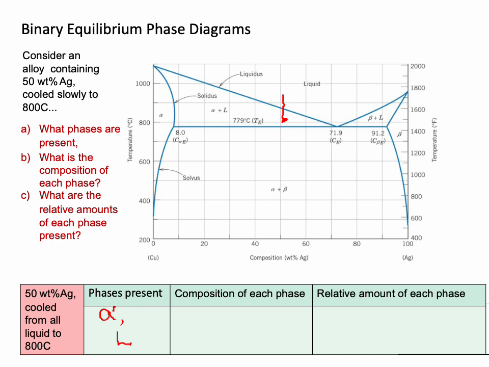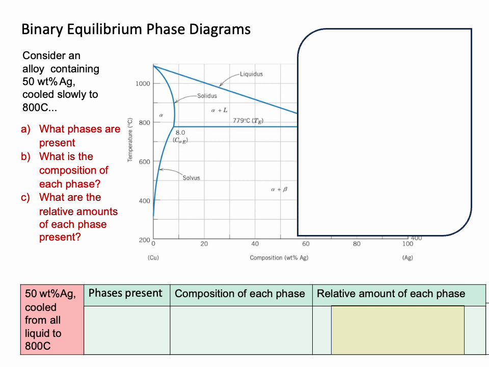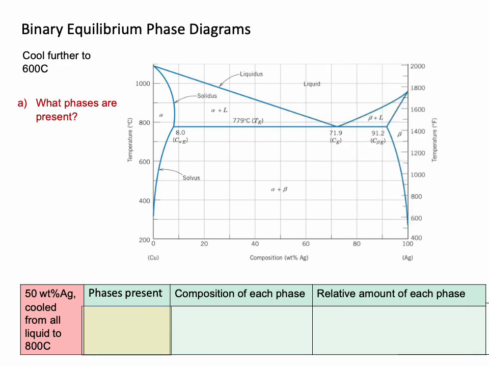I'll go ahead and, on this slide, I was at 50% in phases present and at 800, so that's the alpha and the liquid. And then compositions, and then relative amounts. And then this would be 600. Yeah, so this should say 600.